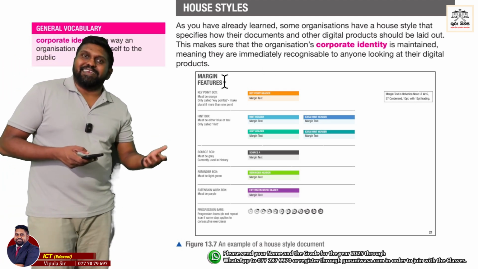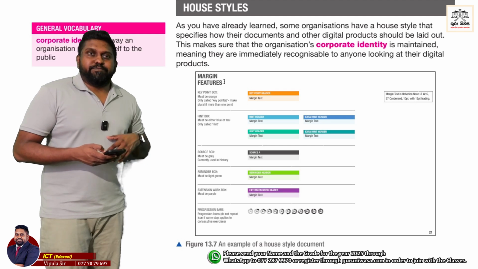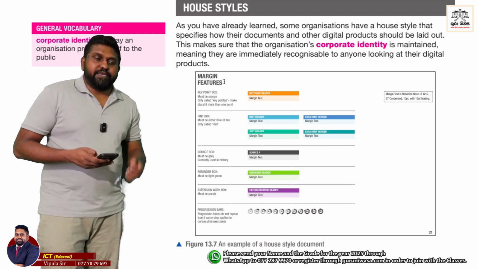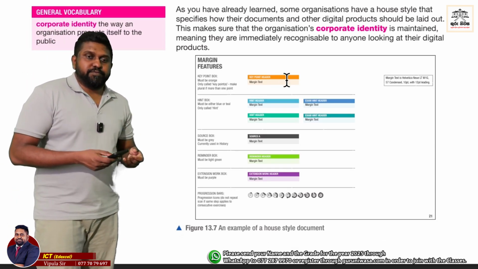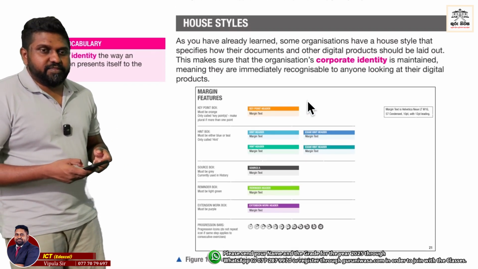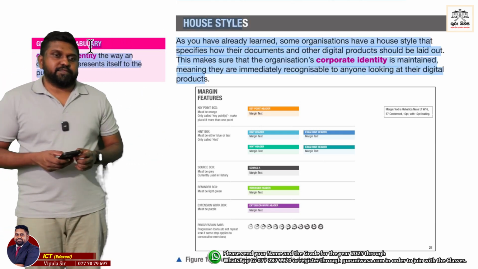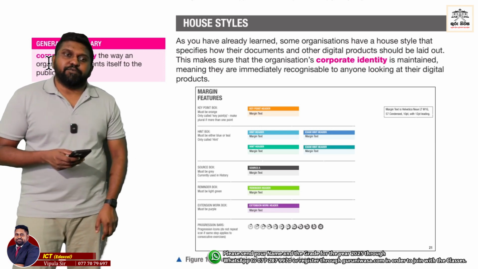It can be colors, styles, spacing, different types of cuts and so on. So this is a key. You just need to keep this in mind. It's known as house styles, or we call it corporate identity.